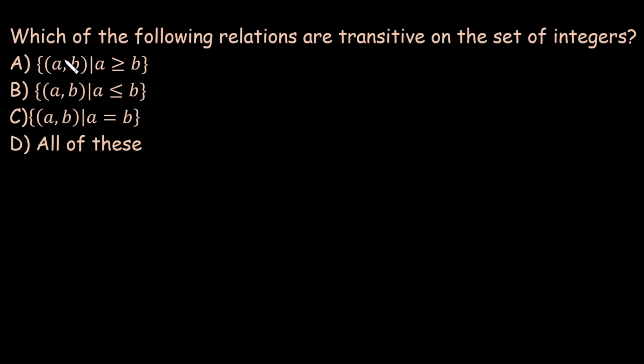The next example: which of the following relations are transitive on the set of integers? So we need to check for transitivity. Transitive means if the ordered pair (A, B) is a part of the relation and the ordered pair (B, C) is a part of the relation, this implies the ordered pair (A, C) must be there.